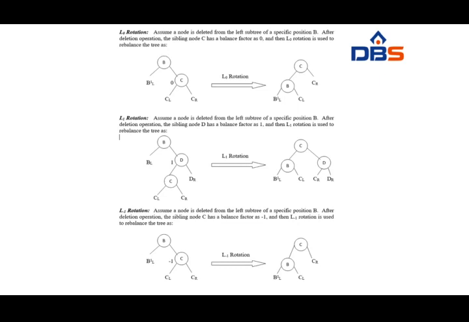Likewise L minus 1: a node is deleted from the left subtree of a specific position B. After the deletion operation, the sibling node C has a balance factor of minus 1, and then L minus 1 rotation is used to rebalance the tree.